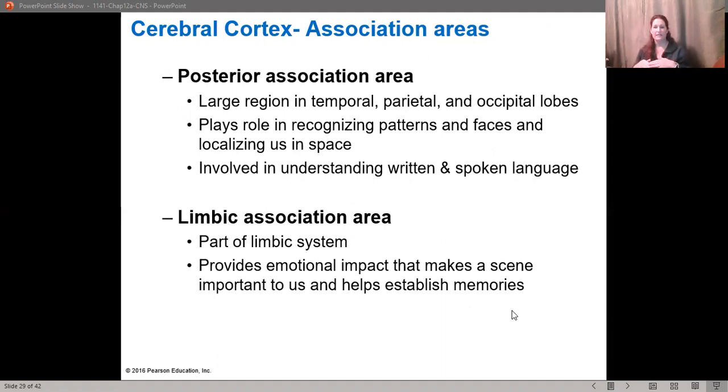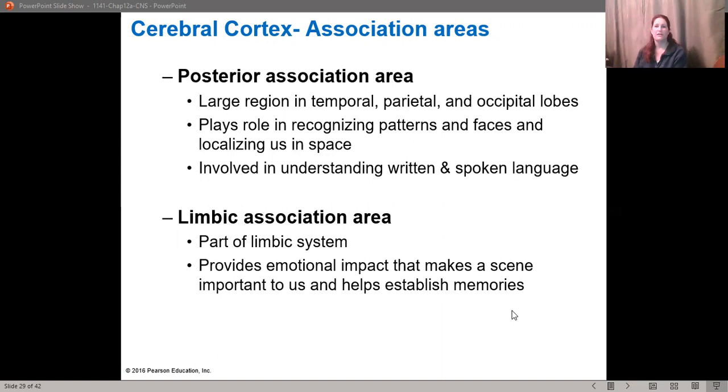It's also the area that tells us if we're up 5 stories or if we're on the basement level. So that localizing in space is north, south, east, and west, but it's also elevation. You know, are we higher or lower? Kind of how high are we up there? It's also important in recognizing patterns, like it could recognize a face, it could recognize a gait, which is kind of interesting.